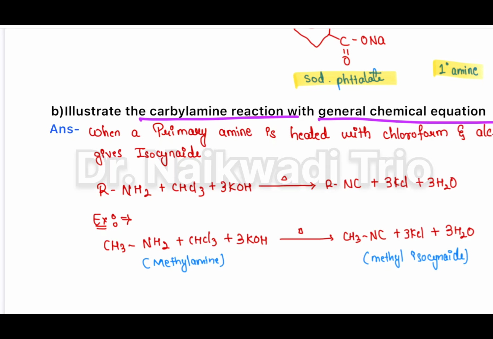This is also the question which we have discussed. Always remember the carbylamine reaction gives an isocyanide as the product when primary amines react with chloroform and alcoholic KOH. Here you have to write the general formula, then mention one example for it.